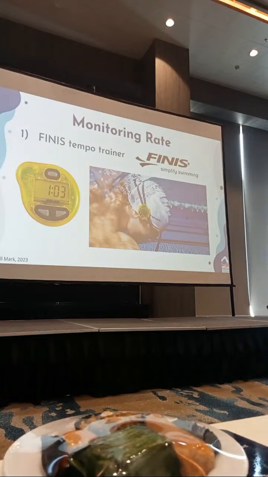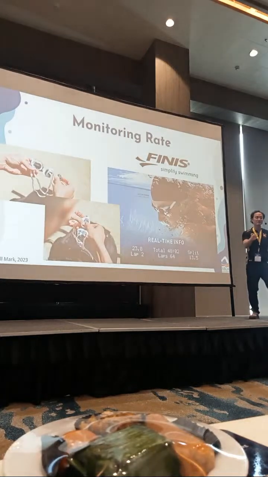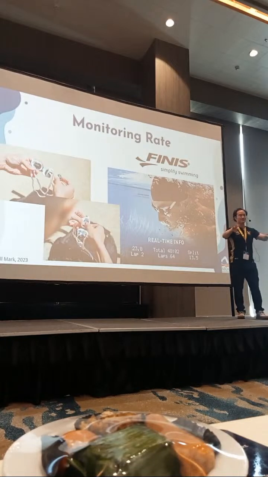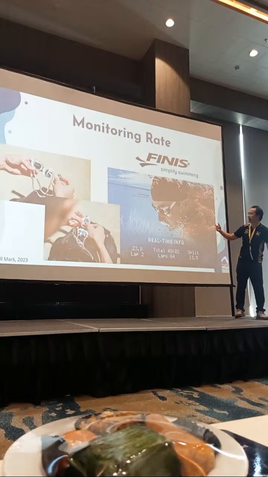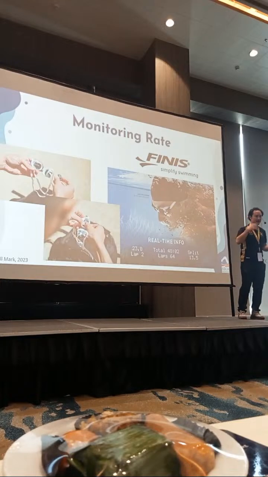And another way you can do it is with the Finis Smart Goggle, which will tell you what you're doing. So the tempo trainer tells you what to do, and the Smart Goggle tells you what you're doing. And so if you just want to see if you're changing stroke rate within a length or from length to length, the Smart Goggle will be a much easier way to monitor that.